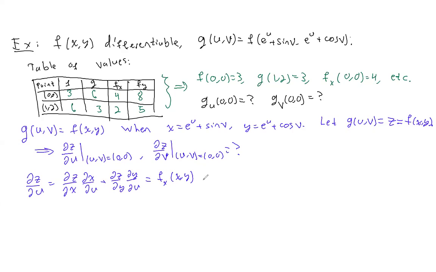Now del x, del u, if x is e to the u plus sine v, then del x, del u is just e to the u. Plus, similar story, f_y(x, y) times del y, del u, which is once again e to the u.